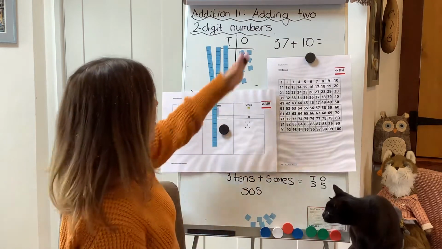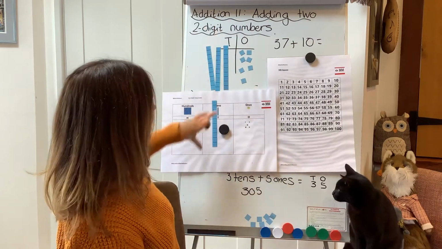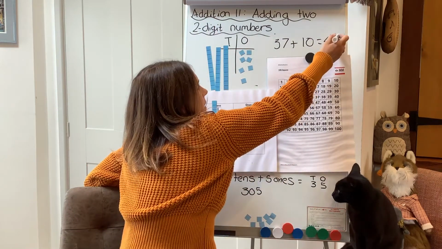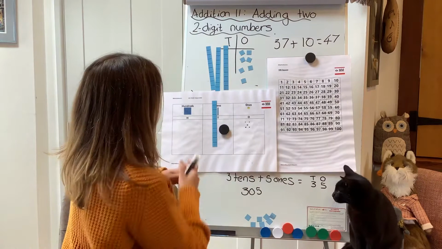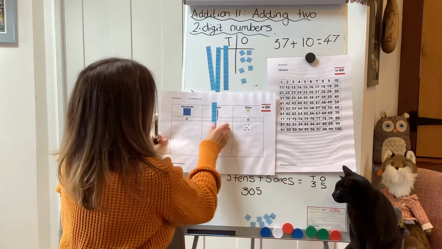What have we got now? We've got 7 ones still and we've got 4 tens. So that makes 47.